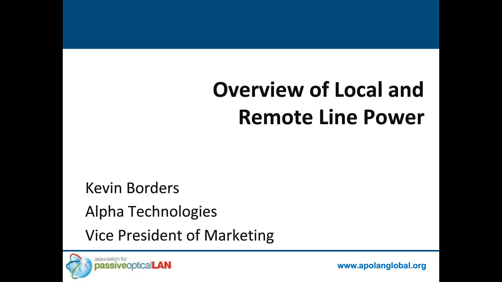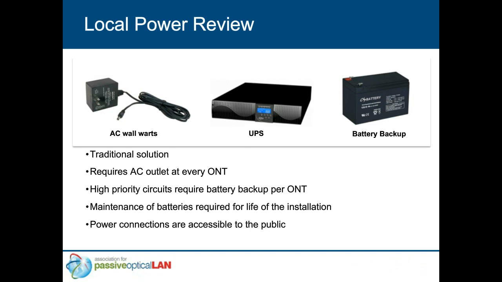So Jamil covered local and remote line power use cases. What I'm going to do is give you a quick review of local power and then do a deeper dive into the remote line power solution. And the reason is local power is traditional. It's fairly well understood. It requires an AC outlet at every ONT, whether it's powered with a wall wart or whether you need a UPS for battery backup.